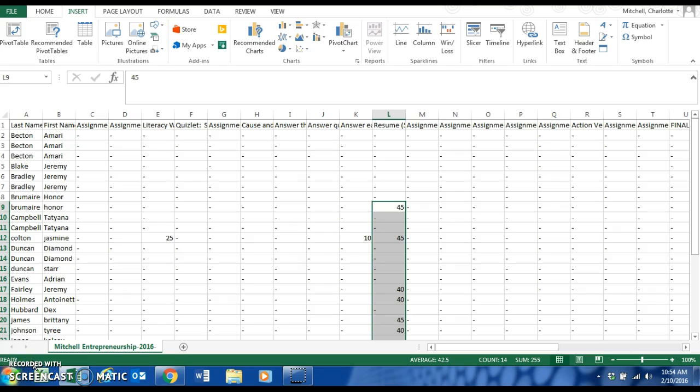Now keep in mind, you can select specific information. You can select certain people on a specific assignment. So let's just say you just want to capture these 4 because these happen to be my 4th period students.